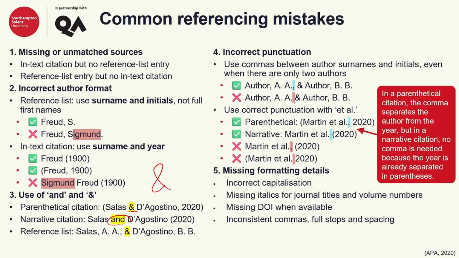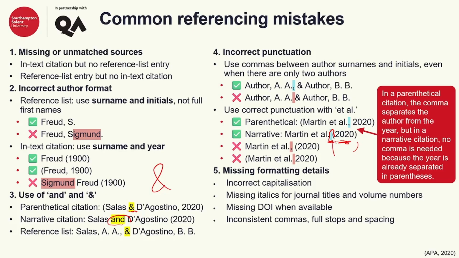The correct narrative form is Martin et al. (2020), with only the year in brackets and no comma, as the year has already been separated by brackets.